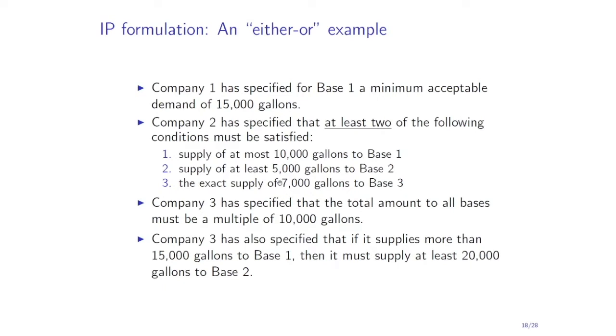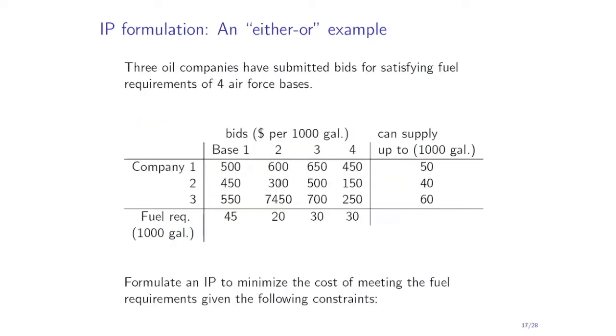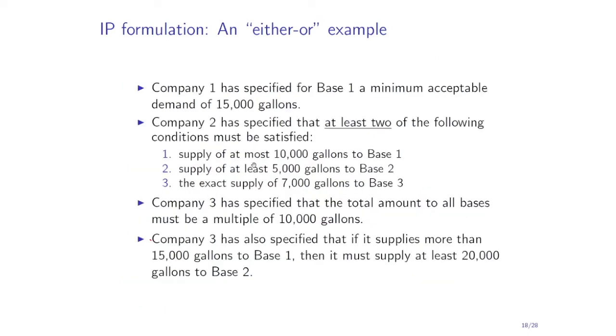The problem is not that easy because in addition to satisfying the fuel requirement that we have in here and also considering the production capacity of each company as well as the cost that we have in here, we also have to consider some additional limitations. We have to model some other conditions too.